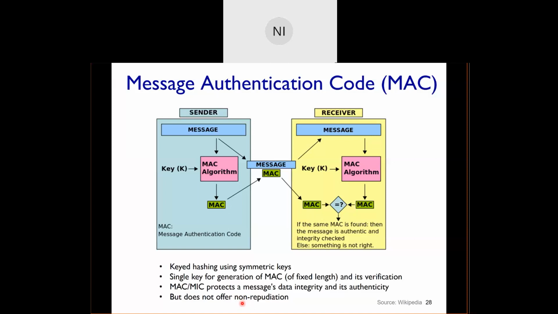Bob can construct any message and apply the MAC using the key that he has shared with Alice, and submit that to the court stating that this is a message that I received from Alice, even though Alice never sent such a message in the first place. So, is there any way to stop Bob from doing that?